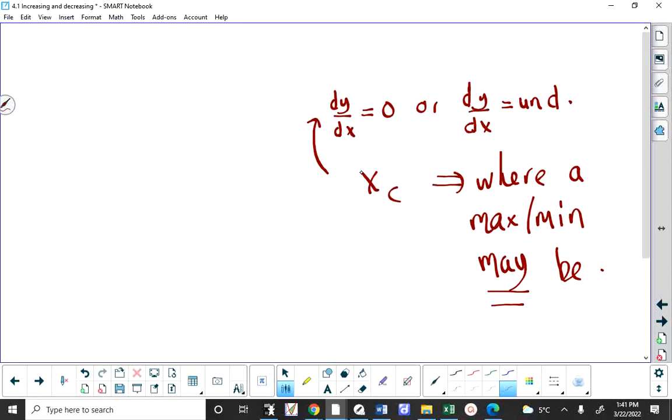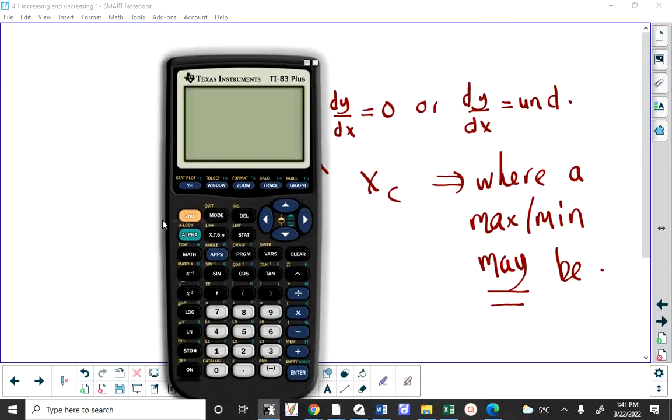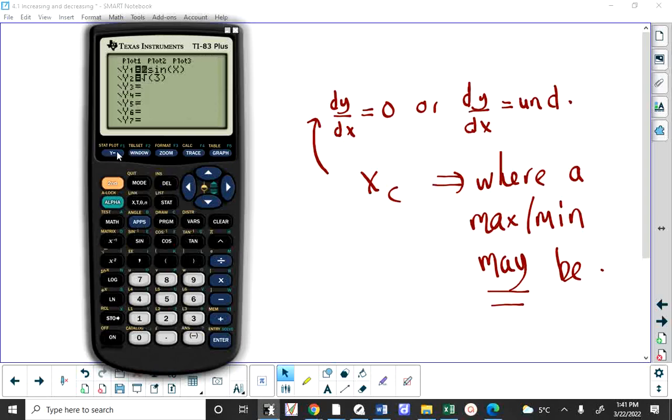Let me graph this function. And I put some thought into why I'm using this function. This is going to kind of tie this whole thing together. I guess I could have just used square root, but I'll raise it to the 0.5. I'm going to go zoom standard. I may play around with the window settings in a second. That's what it looks like. Okay, so I'm going to play around with the window settings. Let's go from negative 2 to, let's go 12, and we certainly don't need that.